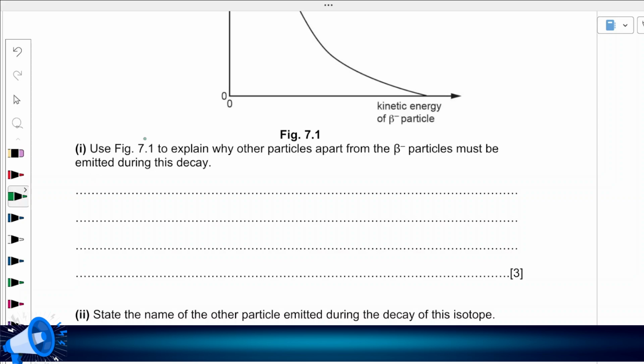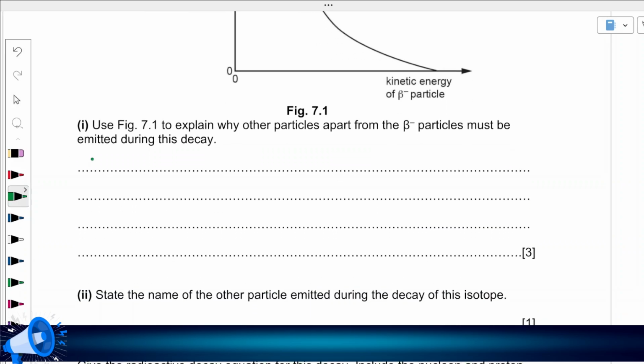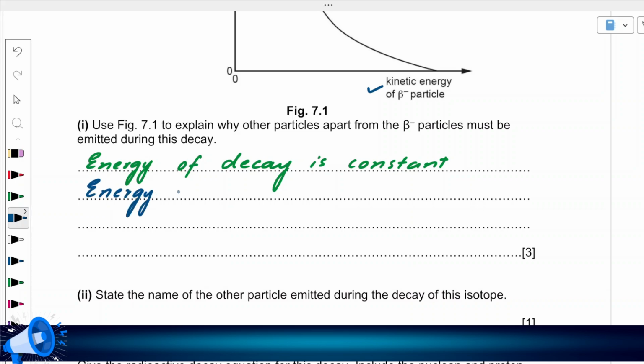So how do we answer this one? The energy of the overall decay is constant, but the energy of beta negative particles, as shown in figure 7.1, is in a range of values.